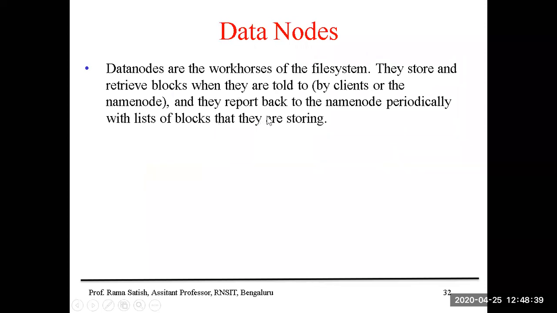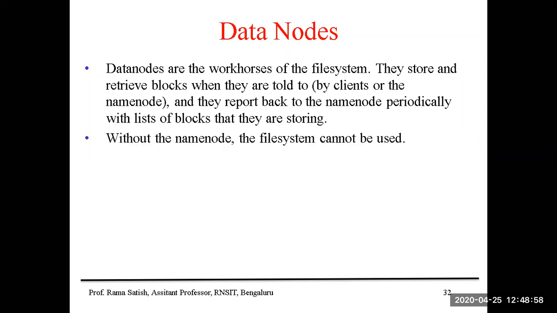And observe one thing, they always report heartbeat instructions to the name node periodically with a list of blocks and their health, etc. If data nodes fail to send the report, the name node will understand that the data node has gone down.